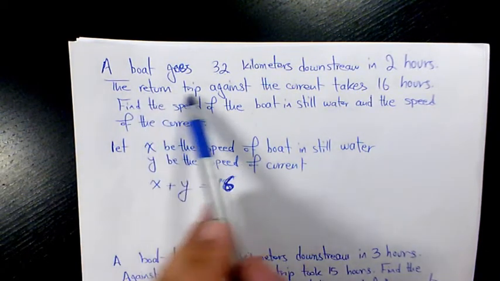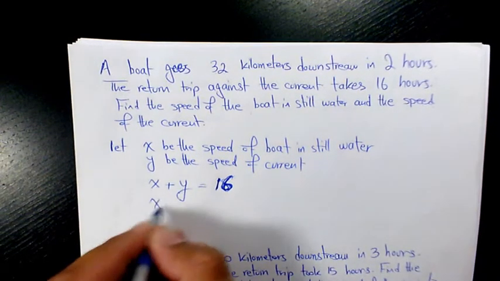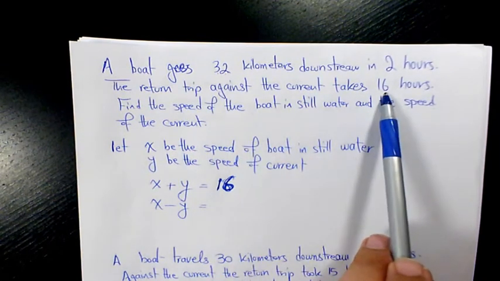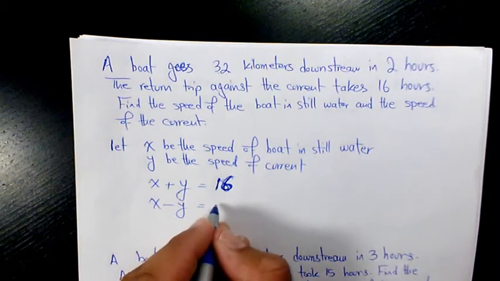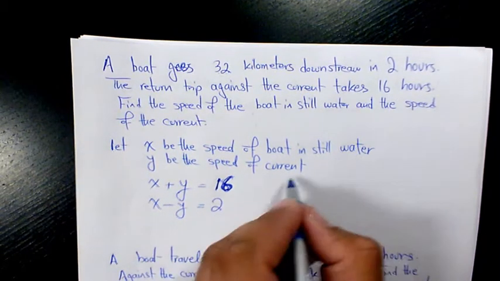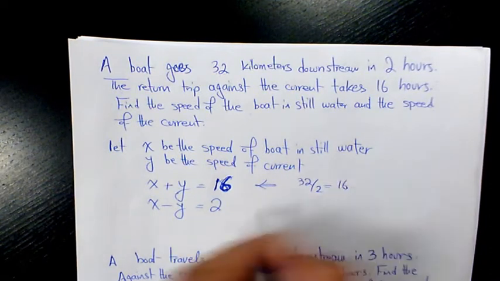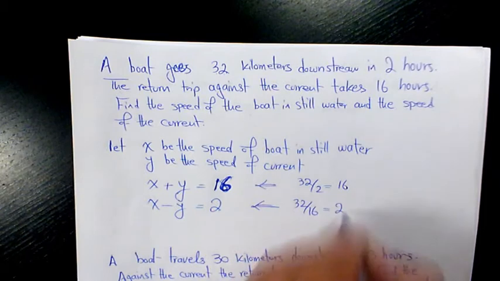And on the return trip, because they are in opposite directions, we're going to have x minus y, and 32 kilometers in 16 hours. So 32 divided by 16 is going to be 2. So 32 divided by 2 is 16, and here 32 divided by 16 is 2.